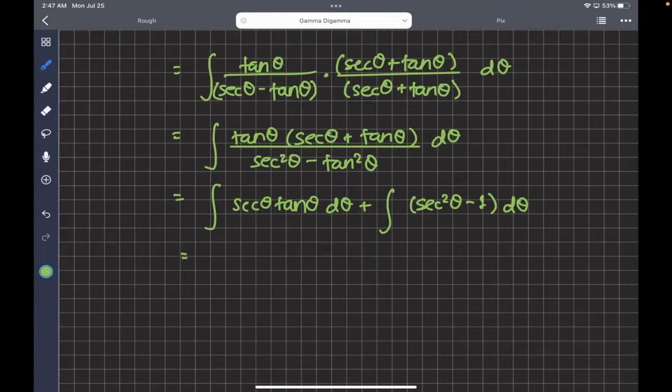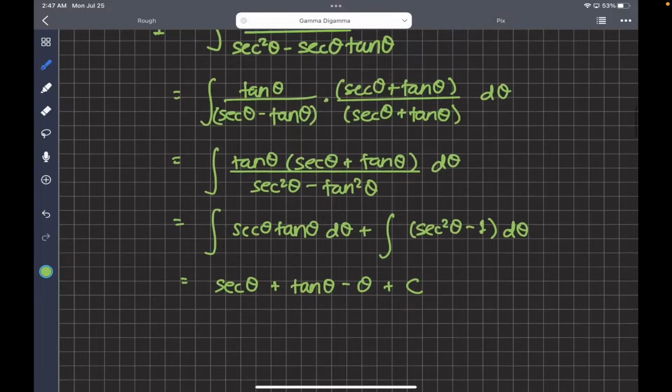Secant theta tangent theta is just the derivative of secant theta, plus secant squared theta is the derivative of tangent theta, 1 is the derivative of theta, and we also add a constant of integration like that.